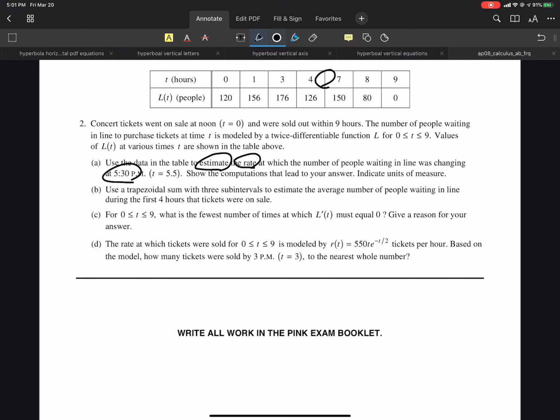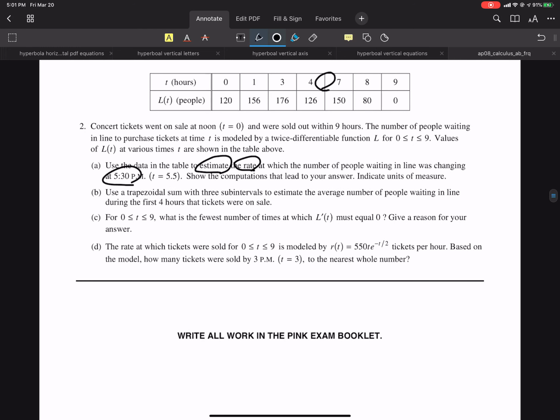So real quickly, if I were to plot these points, 0, 1, 20, I'm just going to do a rough estimate. And then 1, it's a little bigger. At 3, we've got a point here.